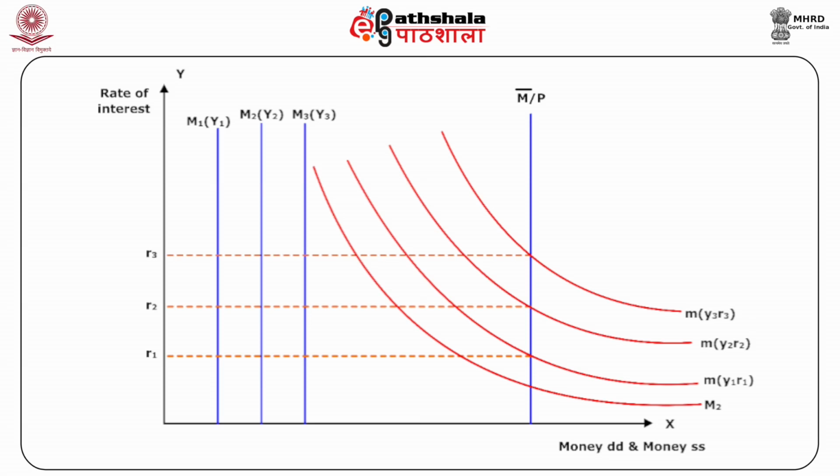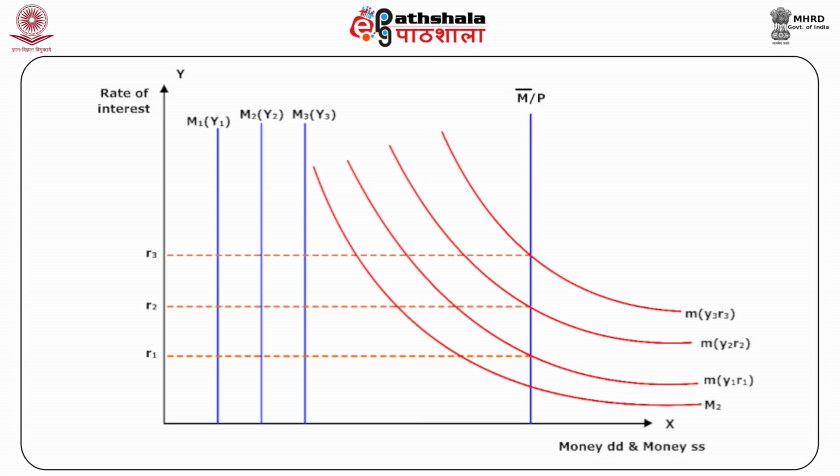Now, this happens because the increased M1 has to be substituted by a reduced M2, and M2 will fall only when the rate of interest rises, because there is a negative relationship between M2 and rate of interest.